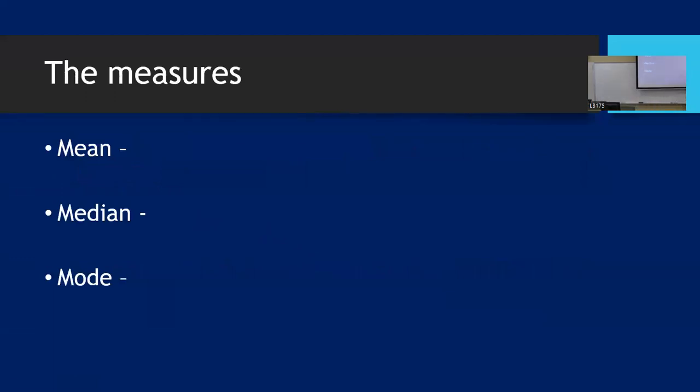The first is the mean. The mean is the average. And in this class, we use the average and the word mean interchangeably. So the mean is the average. The median is the middle number.